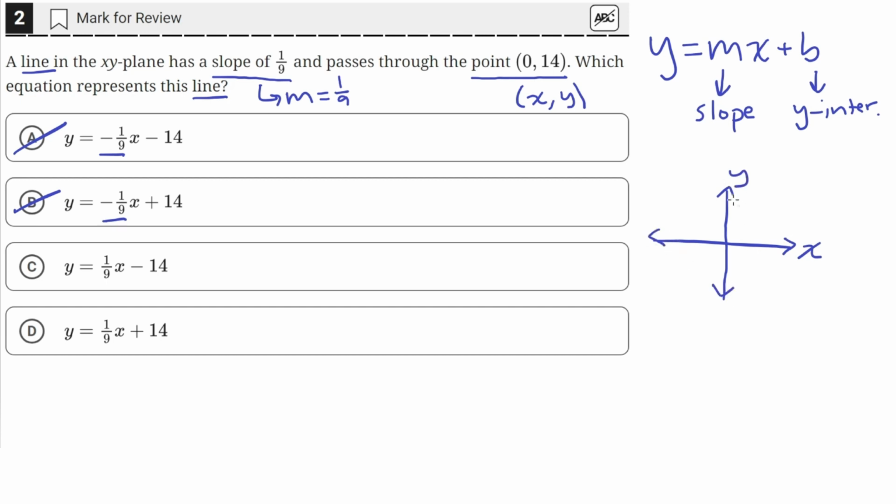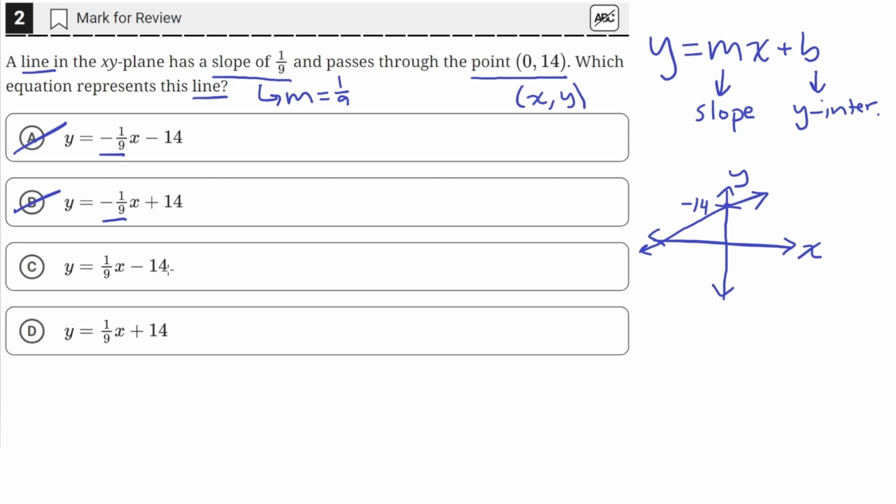So the point (0, 14) is somewhere on the y-axis at a y value of 14, since x is just 0. So that means the y-intercept, where the function crosses the y-axis, is at the point (0, 14). It would look something like this, the line. So our y-intercept should be a value of positive 14.